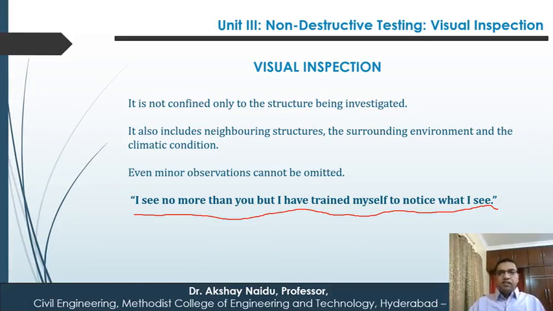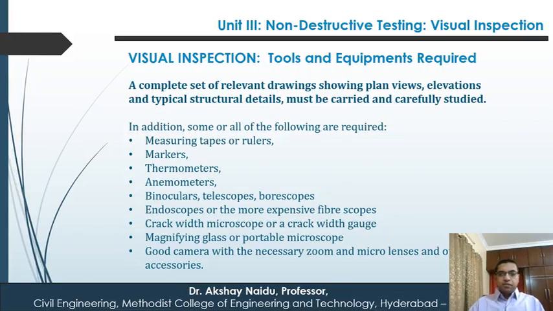The point is, everybody observes the building, but it is a trained engineer who notices what the damages and defects are. Untrained engineer cannot notice that. So that is what visual inspection is. It requires training. Next. Now, for visual inspection, it is not that one goes empty-handed.